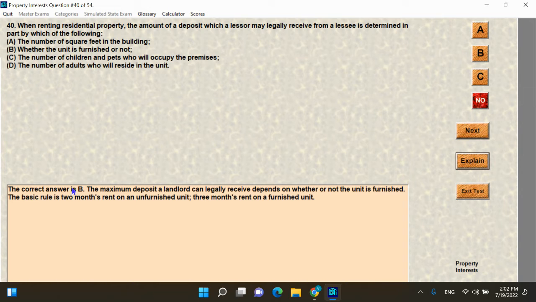The correct answer is B. Whether the unit is furnished or not. The maximum deposit a landlord can legally receive depends on whether the unit is furnished. The basic rule is 2 months rent on an unfurnished unit and 3 months rent on a furnished unit. So the correct answer is B.